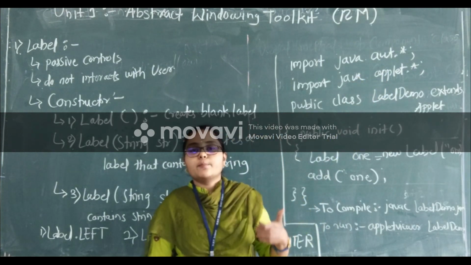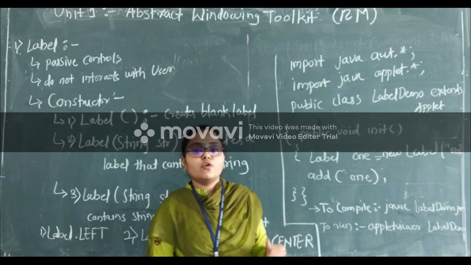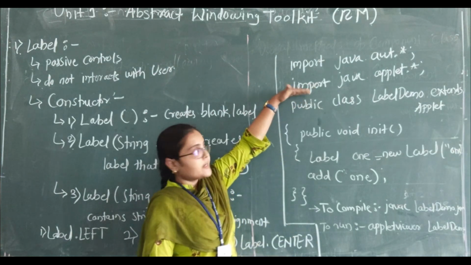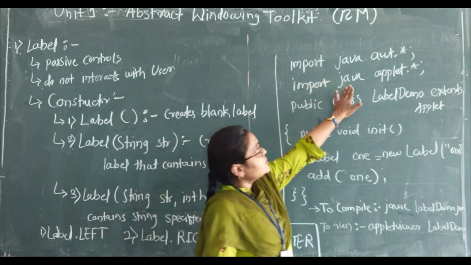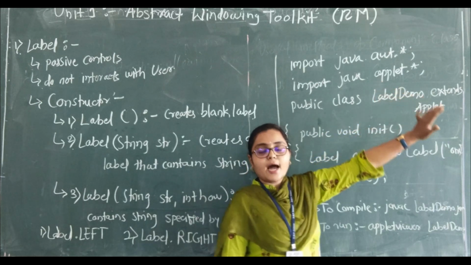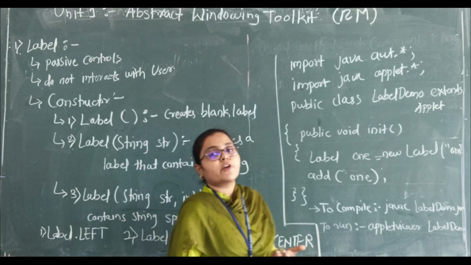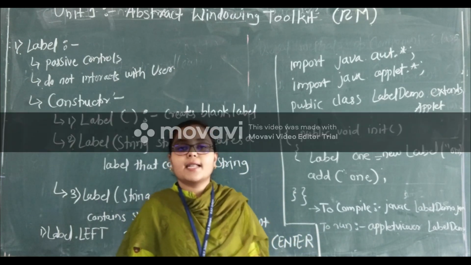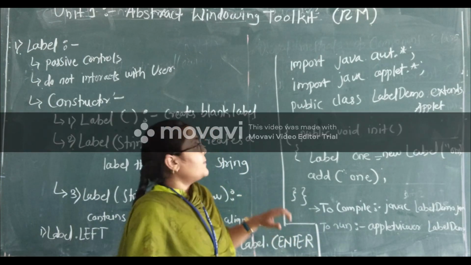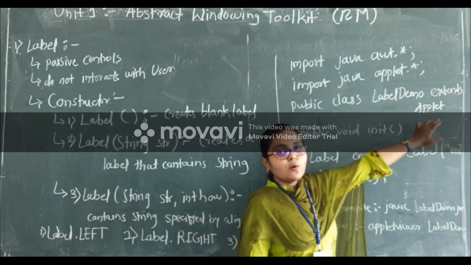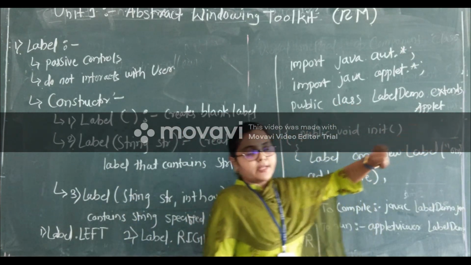So we must import that package before writing the program. The second part is import java.applet. I am choosing the window called applet, and I am going to define the user element label on my applet. So public class LabelDemo extends Applet.